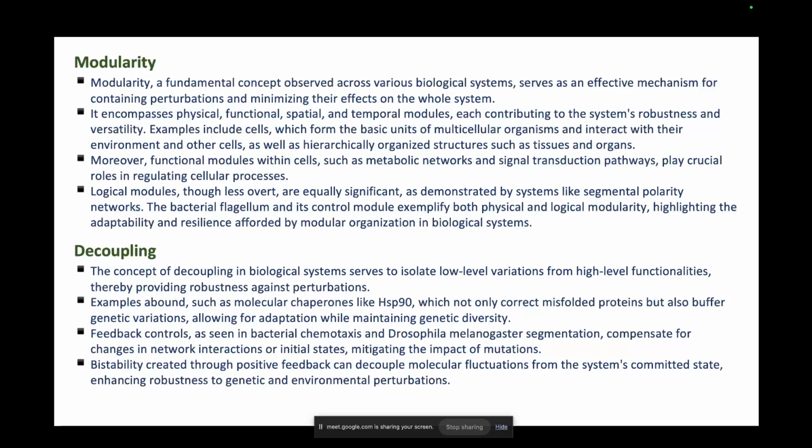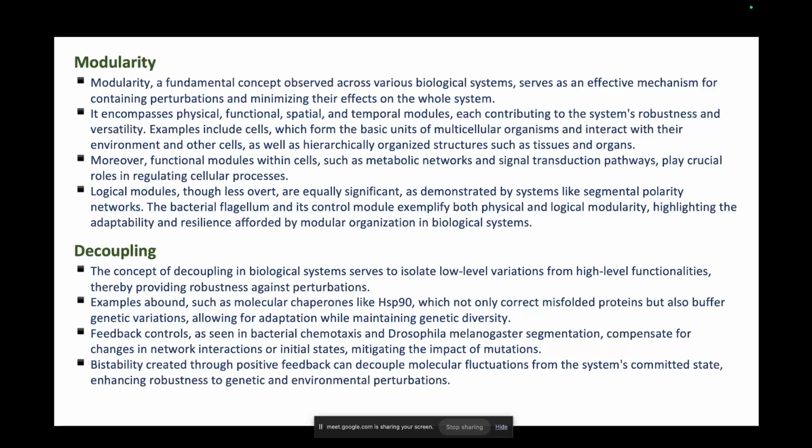Not a separate compartment physically per se, but a separate module of genes and proteins involved in the Krebs cycle and a separate module of genes and proteins involved in gluconeogenesis. So if you have distinct modules like these, the effect of perturbation in one module does not go on and perturb the other module. So that is the modularity idea.